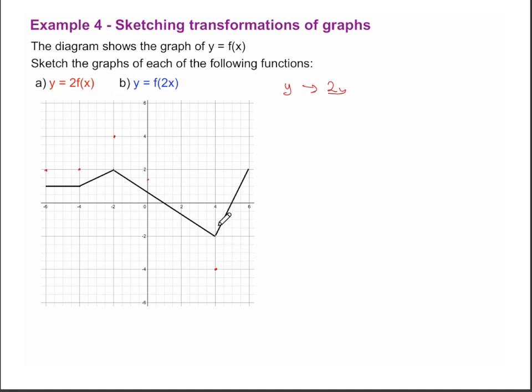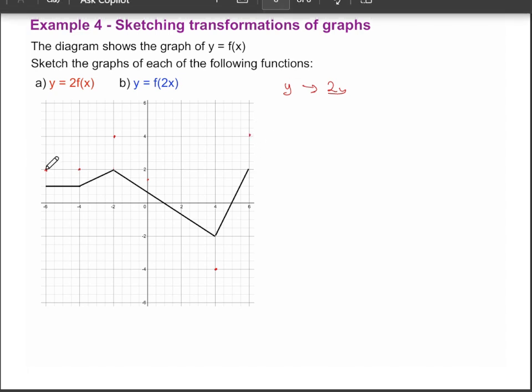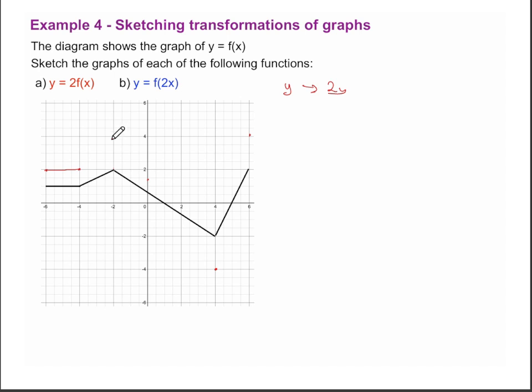Obviously, because you are still multiplying by 2, so it still goes down. And here, 2 becomes 4. And we have the exact same shape of the graph, something like this. And what has happened here? We'll stretch it by a scale factor of 2. Okay? And now in the y direction.